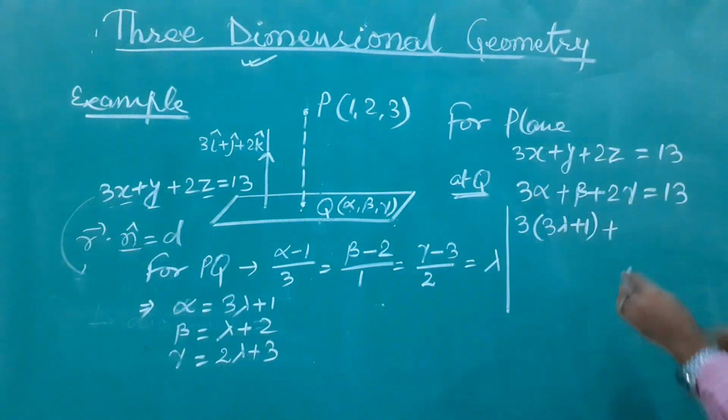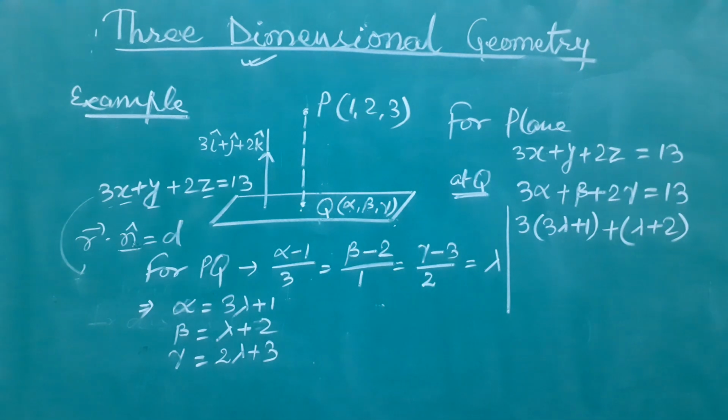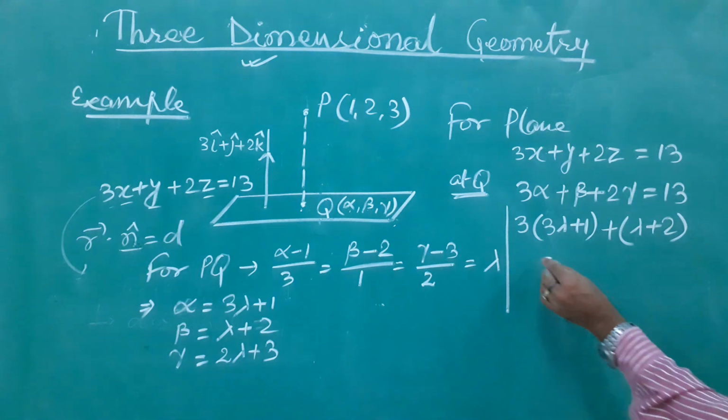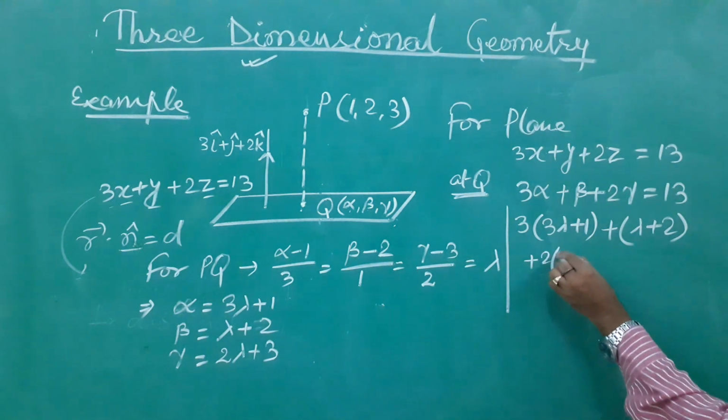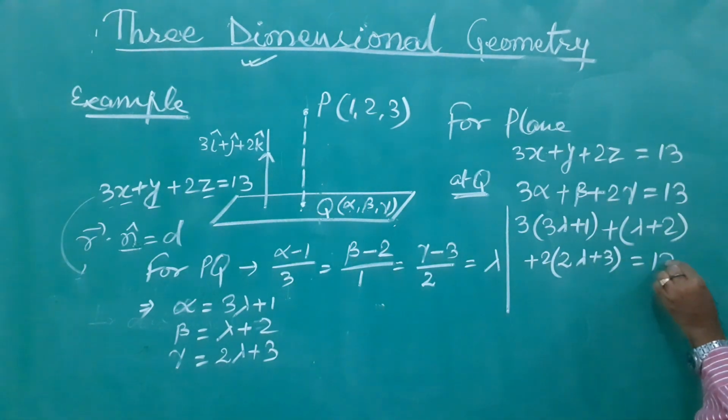Beta is lambda plus 2, plus 2 gamma. Gamma is 2 lambda plus 3. Now simplify.